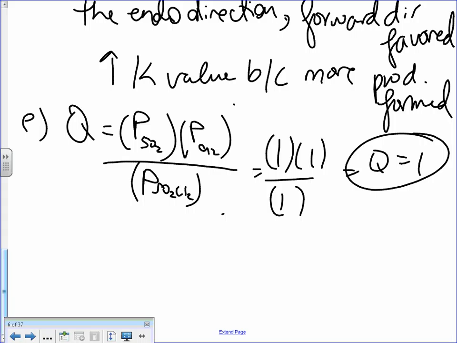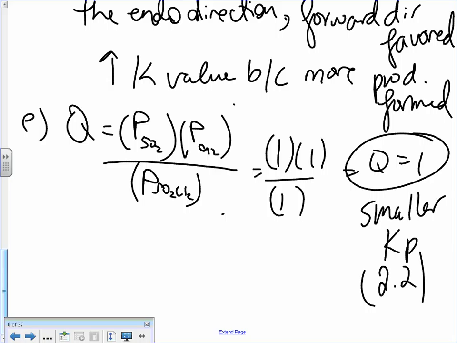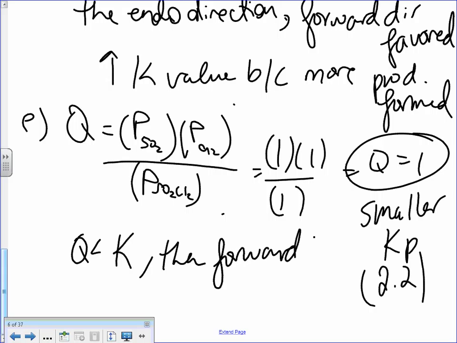Smaller. Right. So this is smaller than Kp, which we had in part C to be 2.2, I believe. So if Q is less than K, which direction does it proceed? Forward. So since Q is less than K, and your calculation should show that, then the forward direction is favored.